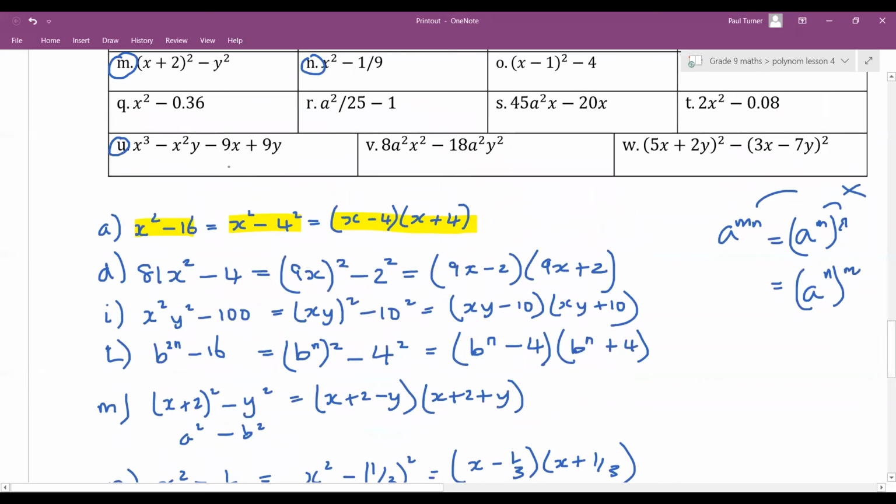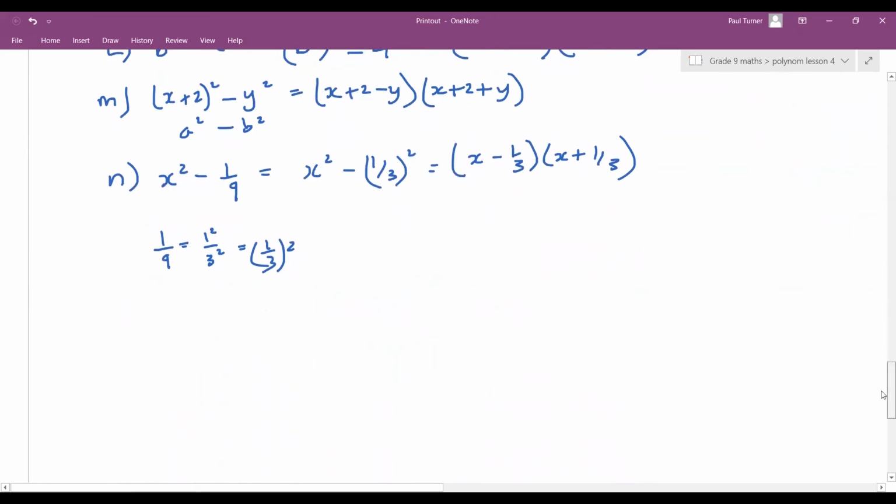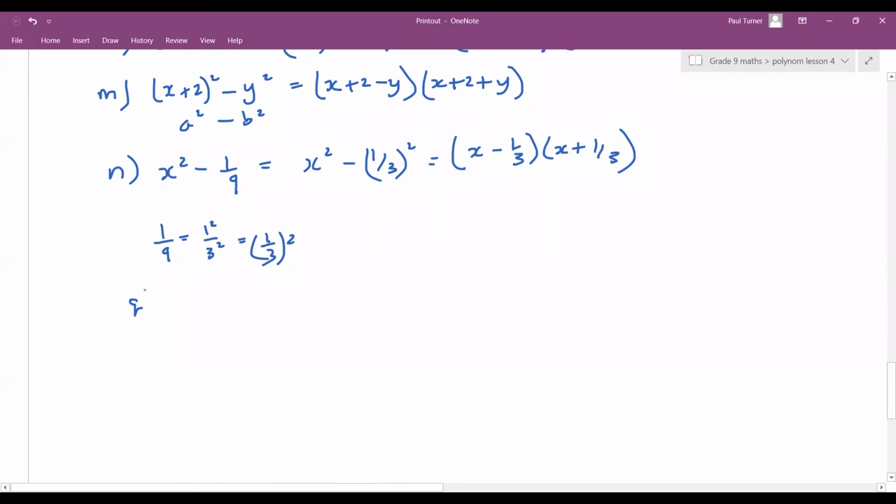Q. x squared minus 0.36. You can still write 0.36 as 0.6 squared. So x squared minus 0.6 squared.